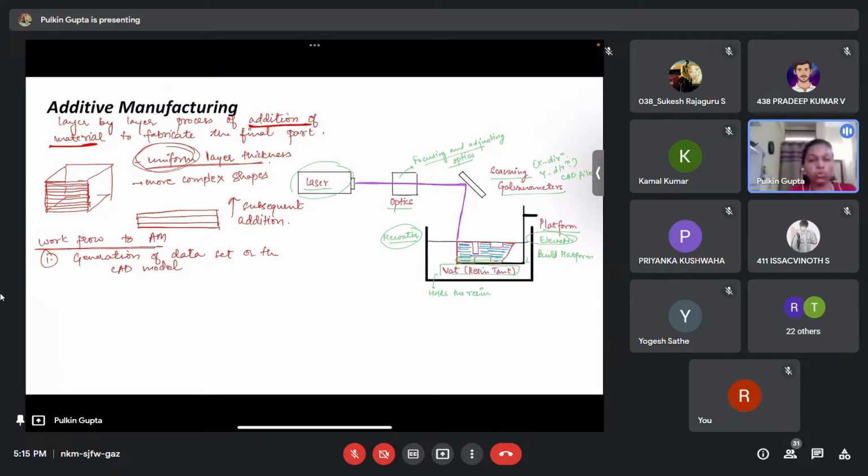So this you can do using any softwares that are available with you. Some of them can be SolidWorks or AutoCAD or Fusion 360, any software that you are comfortable with, you can work with those and develop a 3D CAD model. CAD model is computer aided design.